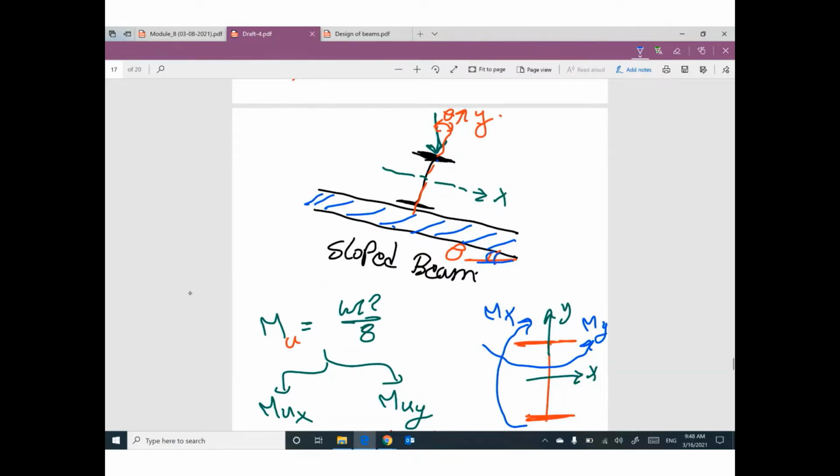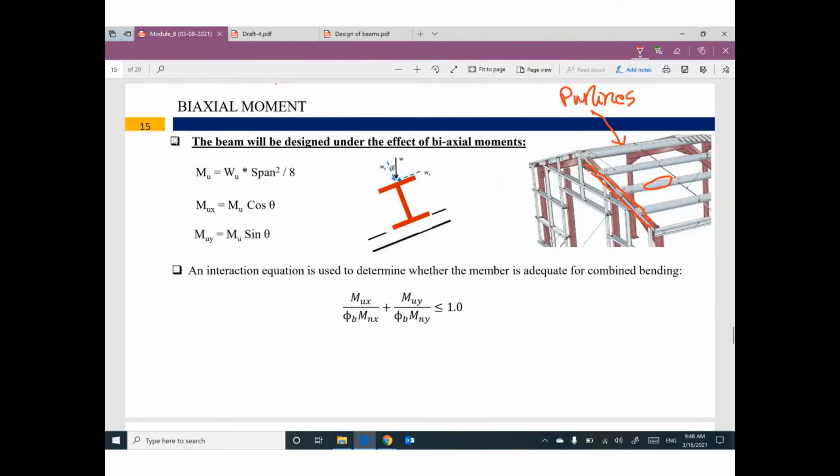So the applied load does not match with the x and y axes. It's very simple, very easy for calculation, but you need to understand this point. If we have a rafter and we have a purlin, this purlin will be tilted by angle theta. This angle theta equals the angle of the rafter.